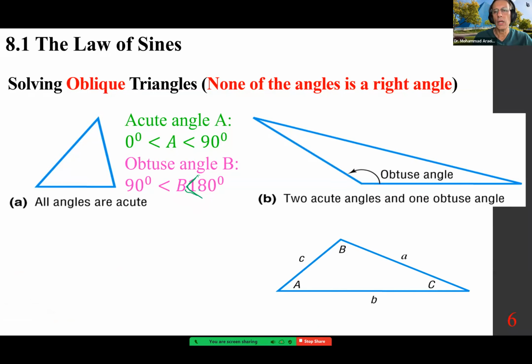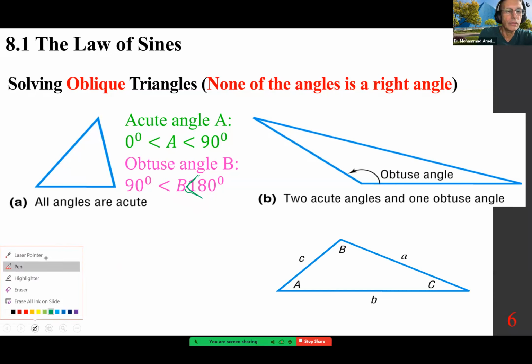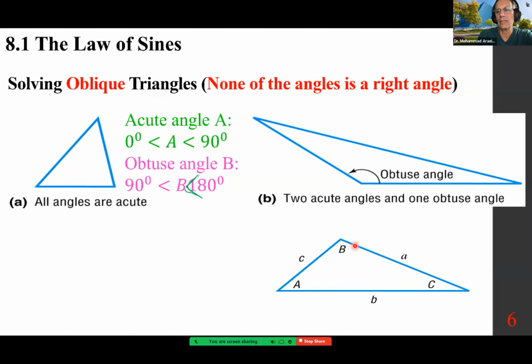And when we have a general oblique triangle, such as this one, the way we name the triangle, A, B, C are the vertices. Opposite A is lowercase a, the length of this side. Opposite the vertex B is lowercase b, the length of this side.